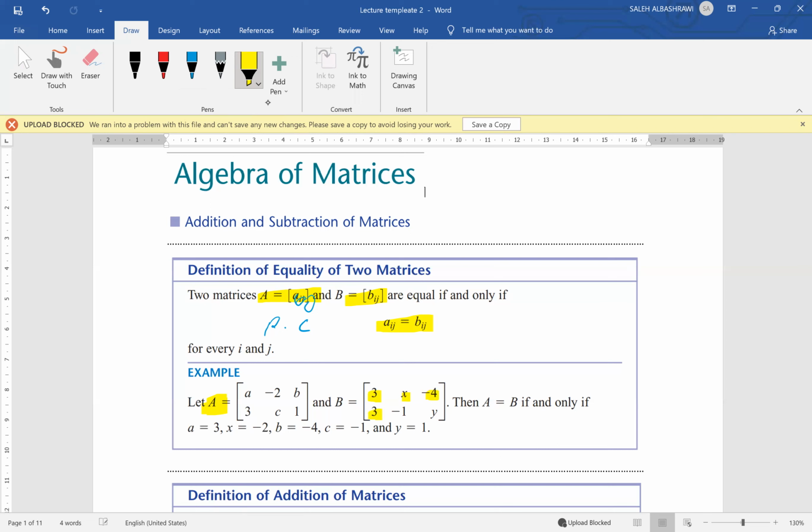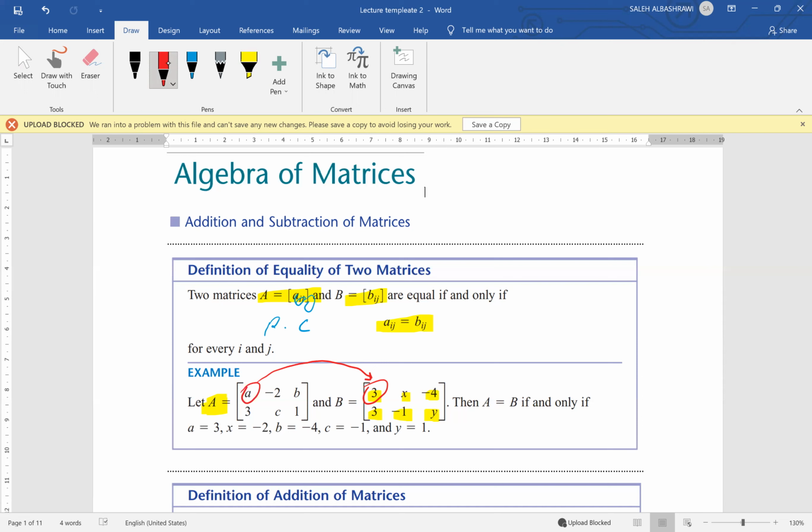The second row is 3, minus 1, and y. Then A is equal to B if and only if the elements in the same location are equal. The first element in the first row must be equal to the first element in the first row of the second matrix. So we are looking for the elements in the same locations, and these must be equal.